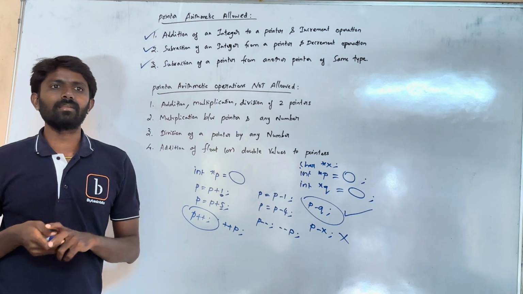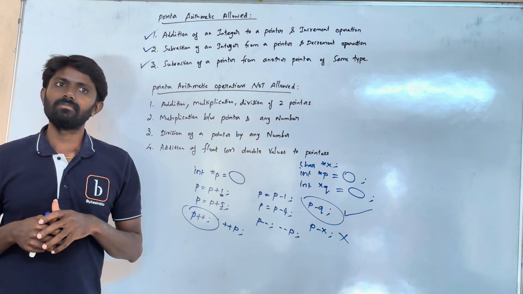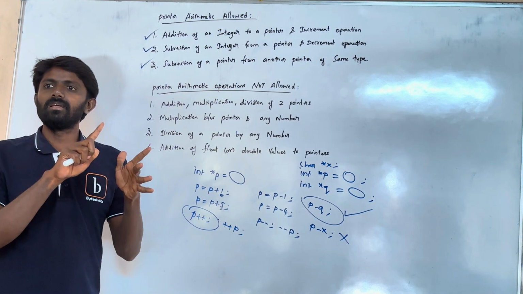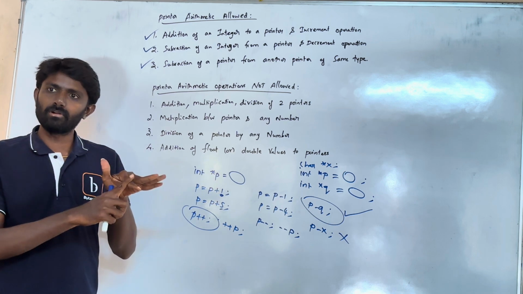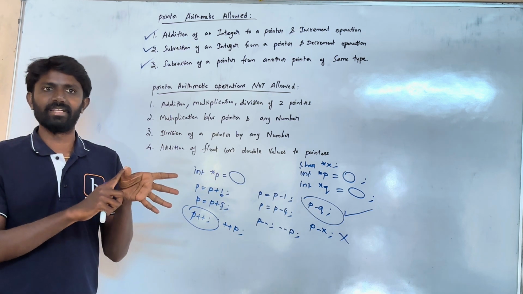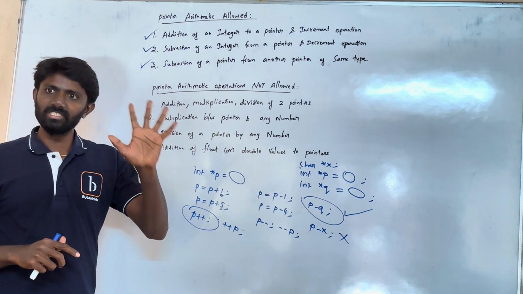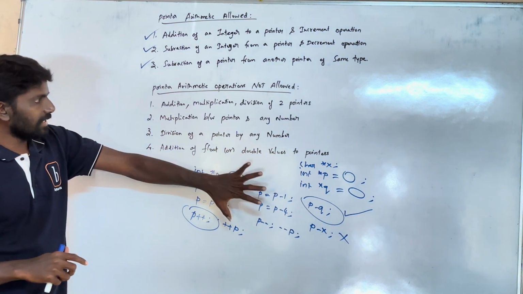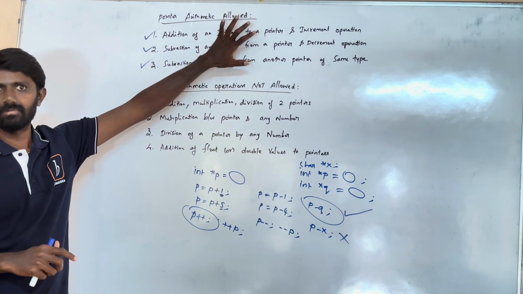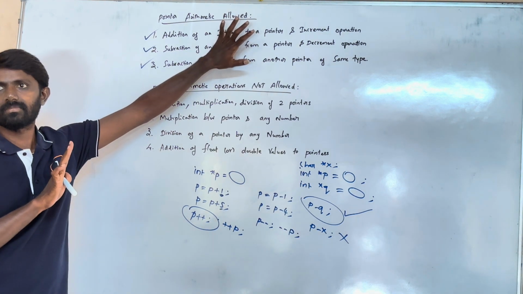So what are the arithmetic operators we have? Addition, subtraction, multiplication, modulus, divide. So these 5 arithmetic operators we have. Out of these 5, only some are allowed in the case of pointers.